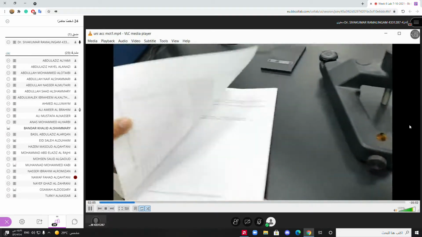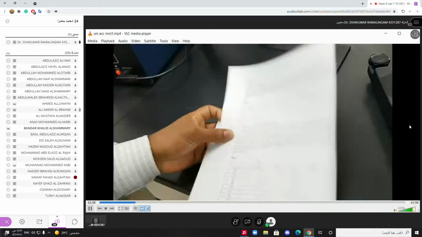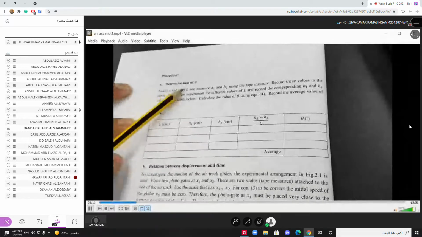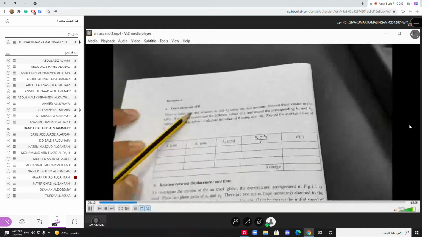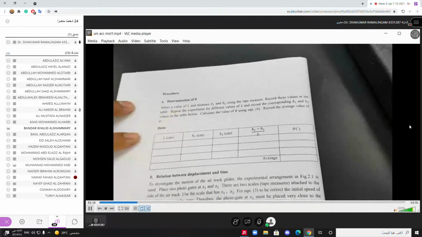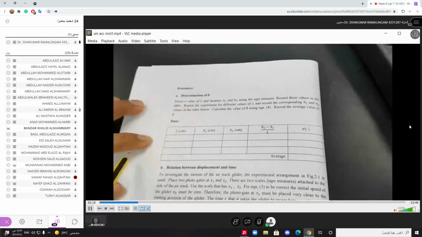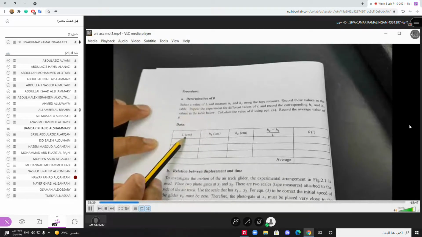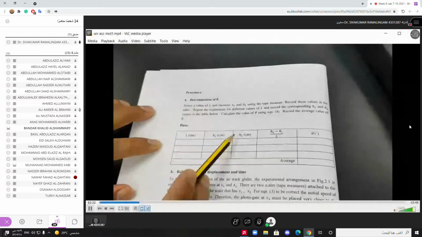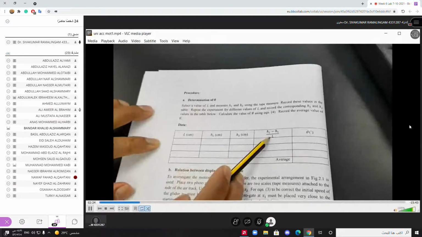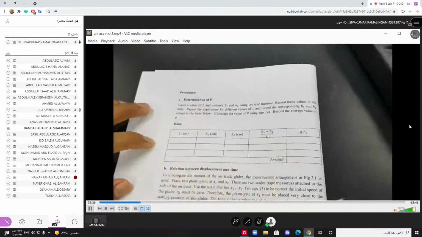Now first I'm going to do the first part. There are two parts to this experiment. To determine theta, the angle of inclination, I'm going to measure: fix the length L, measure h1, h2, and by using this formula find theta.